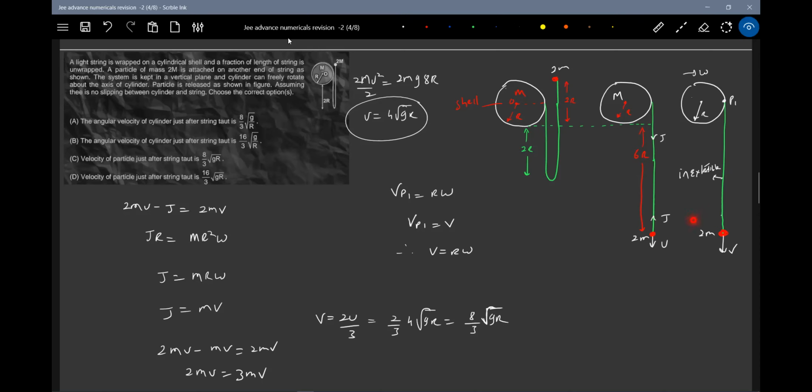This is very important. Just before the jerk, what is the energy of the system? 2m by 2 u square. After the jerk, you calculate the energy, it will be less. Where has that energy gone? Lost as heat in this inextensible string.